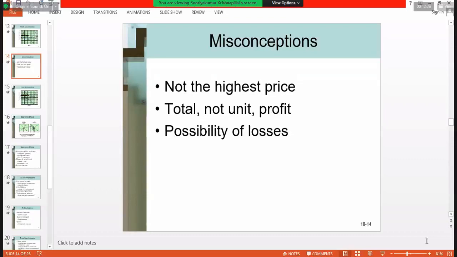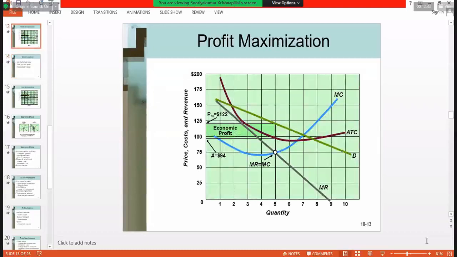Now we have seen the price is 122, but there are even higher prices. He can set the price even at 150. Why didn't he sell at the highest price, 150? He is the only seller, so we may think he can. There is no substitute, so he can sell the product at 150.